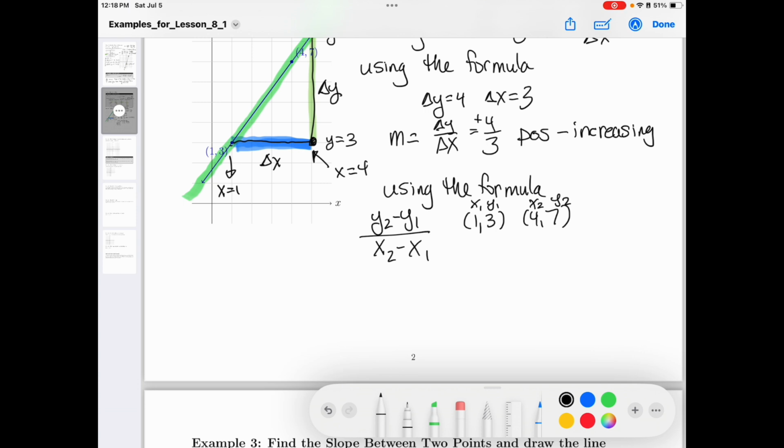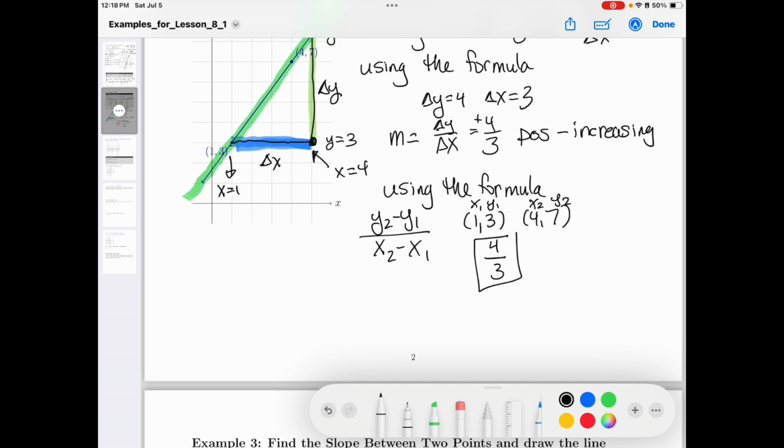So if I take the change in y, which is y2 minus y1, so that's 7 minus 3, which is 4, and then I take the change in x, that's x2 minus x1, which is 4 minus 1, it's 3, I get the same thing.